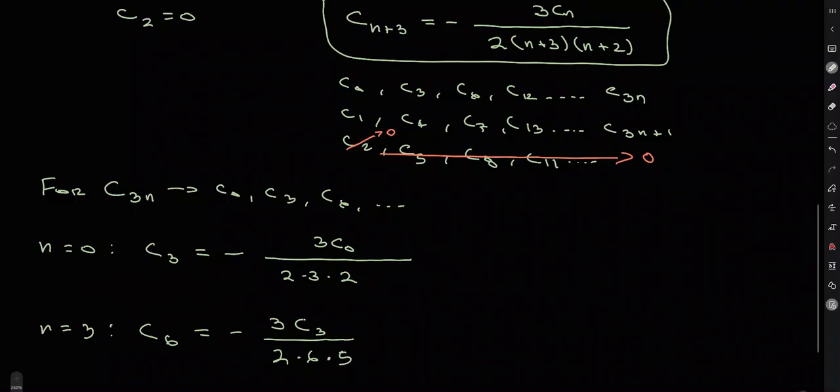And well, in this case, you might want to write c sub 3 in terms of c sub 0. So this will be negative, as we have done before in other exercises, 3 divided by 2 times 6 times 5 times c sub 3, which is negative 3 c sub 0 over 2 times 3 times 2.